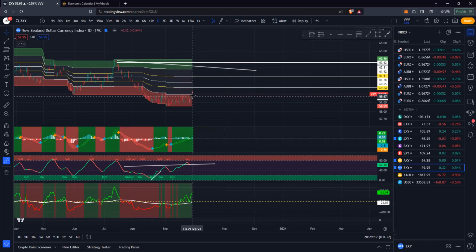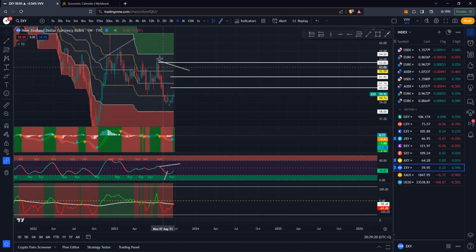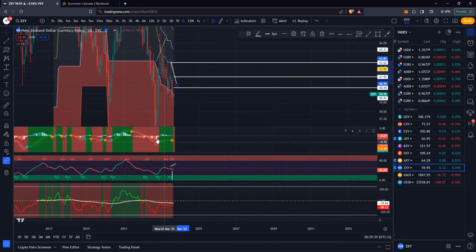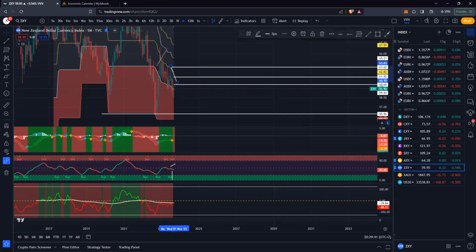But the price is showing us something different. Like this could be a good scenario that the price hits a lower spot and this goes into high, and this could form a divergence as well. Okay, but on the long-term run, I would definitely say that this is going to the downside as well.